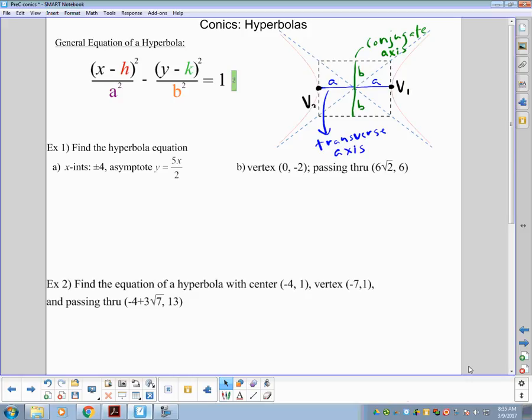So somewhere over here we have a focus, we'll call that focus 2, and somewhere over here we have focus 1. If you draw a segment from focus 1 to a point on one of the halves of the hyperbola, and then draw a line segment over to focus 2, the difference between these two will remain the same at all times.